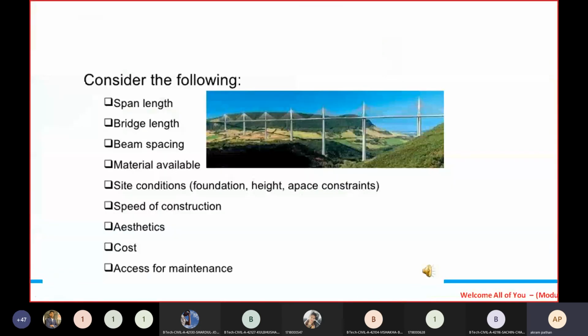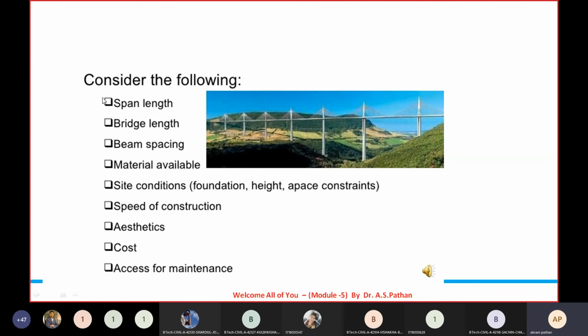Then while designing or analyzing the bridge, we should consider this particular aspect, the span length. Then bridge length, beam spacing, material available, site condition as far as foundation is concerned, height, space constraint, speed of construction, aesthetics, cost, and assets for maintenance.